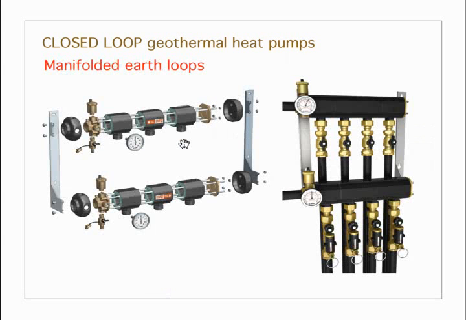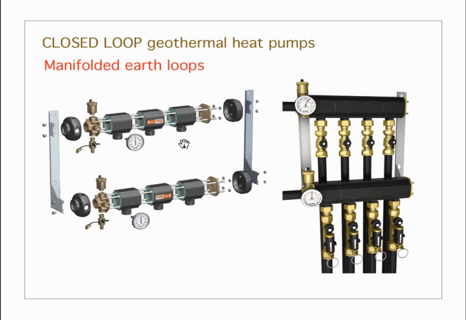Now, let's switch over a little bit. Caleffi recently introduced geothermal manifolds. You see a lot of products like this in the European market. These are newer in the North American market, but those of you that are familiar with radiant heating will certainly see what's going on here. This is essentially a high flow capacity manifold that's assembled in segments, and it's designed using materials that are suitable for earth loop applications.